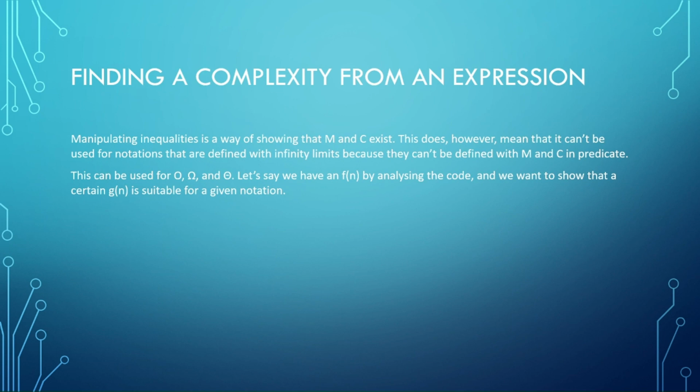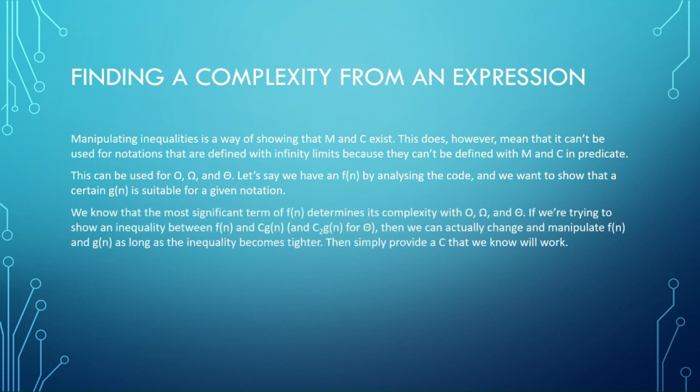Let's say we have an f of n, so runtime, by analysing code, and we want to show that a certain g of n is suitable for a given notation. We know ourselves that the most significant term of f of n determines its complexity with big O, omega, and theta.